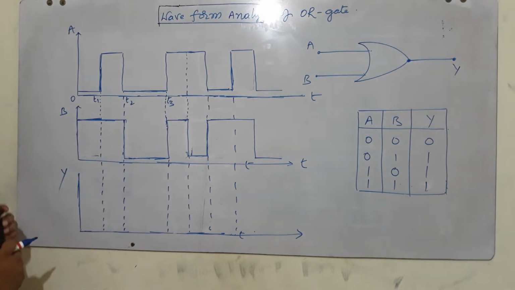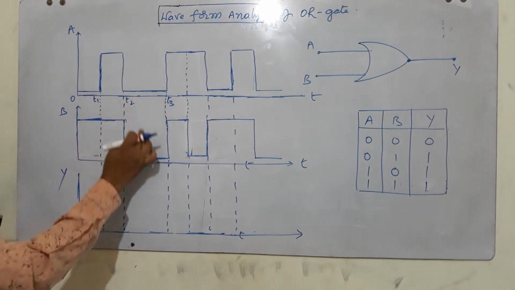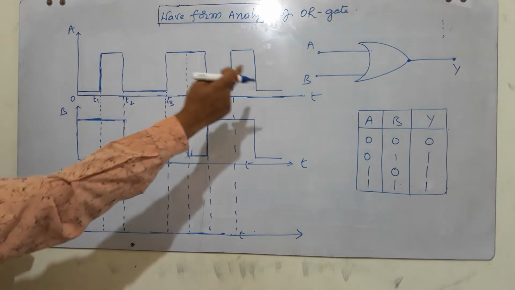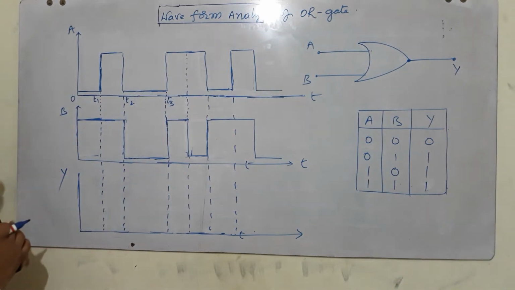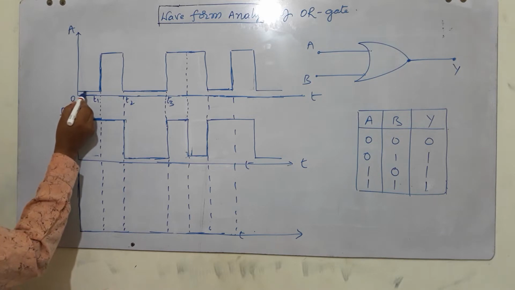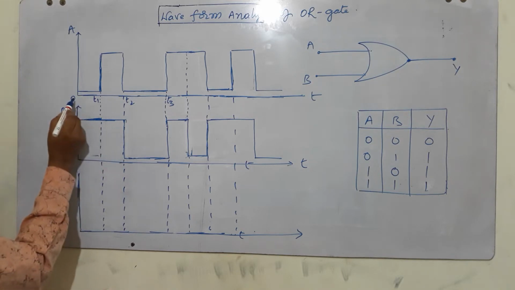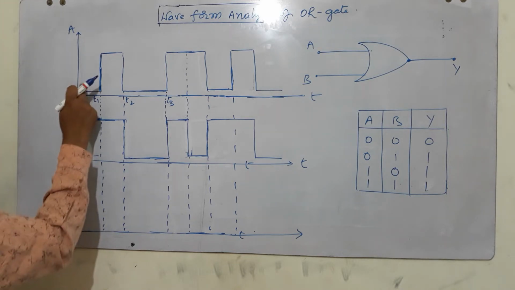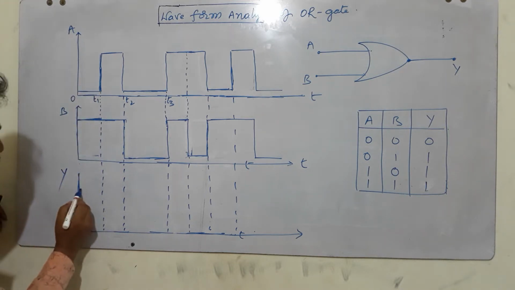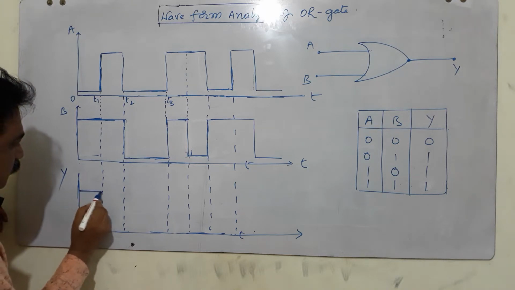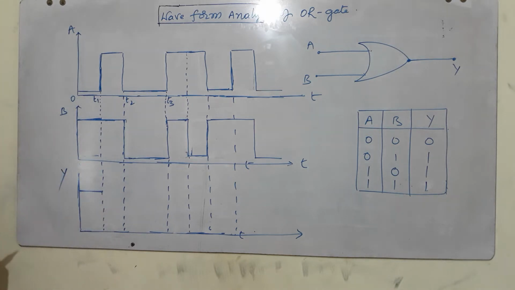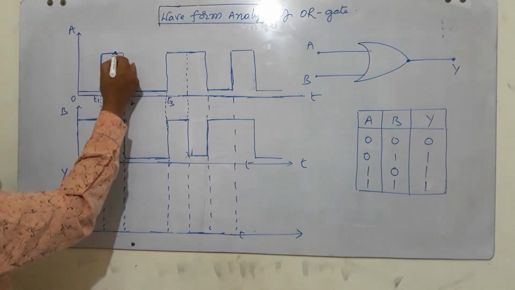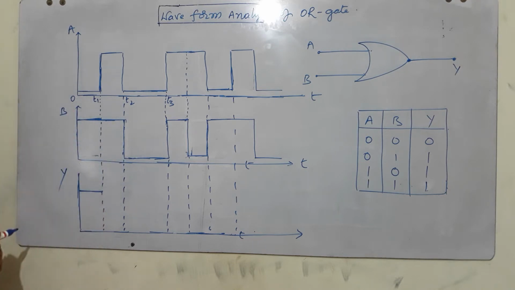By using this OR gate, I am going to derive the output from these two inputs. See here, A is 0, B is 1 for 0 to t1. So, if any one of the inputs is high, the output will be high. Next, from t1 to t2, A is high, B is also high.